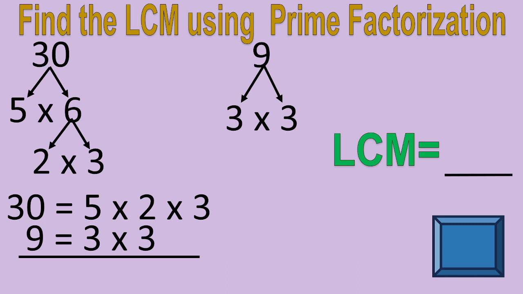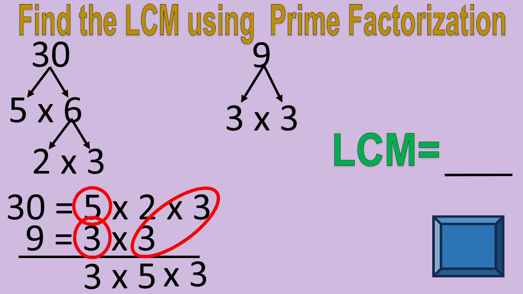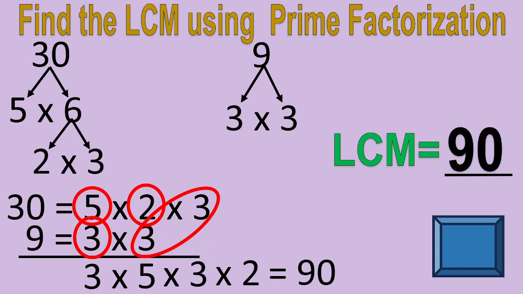Now, the common prime factor of 30 and 9 is 3. The uncommon prime factors are 5, 3, and 2. Now, let us solve. 3 times 5 times 3 times 2 is equal to 90. So, the least common multiple is 90.